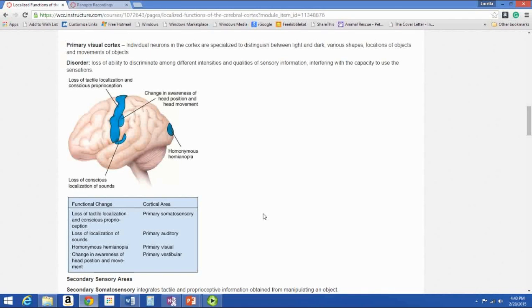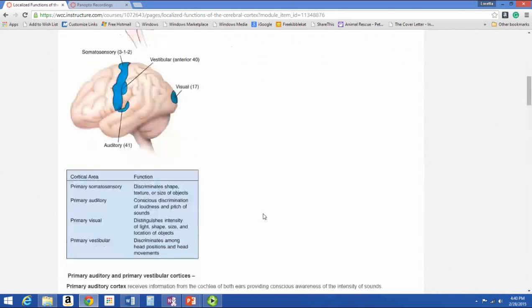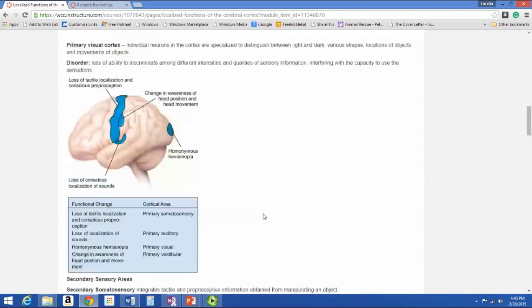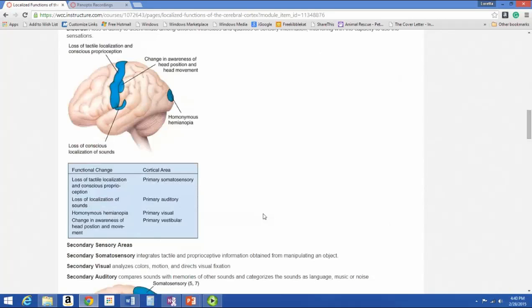I love these charts in the book. The first chart is from chapter 17, and the disorder chart is from chapter 18. I put them together because I like them together. It makes sense to me. So when the primary somatosensory cortical area is affected, you lose tactile localization and conscious proprioception.